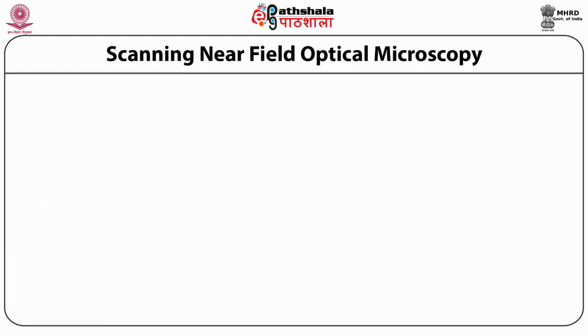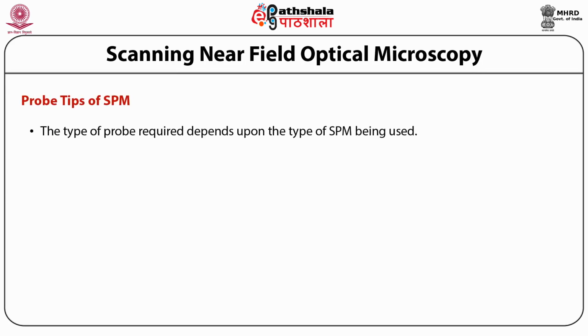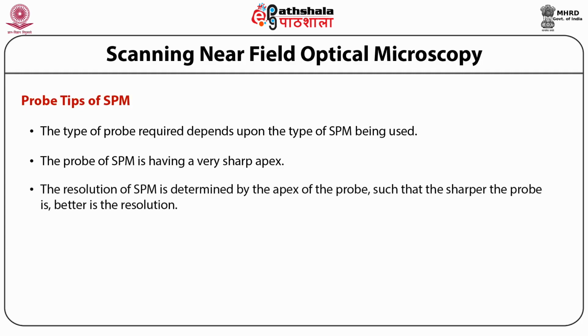The second component: now it is important to discuss the probe tips of SPM. The type of probe required depends upon the type of SPM which is being used. The probe of STM has a very sharp apex. The resolution of STM is determined by the apex of the probe, such that the sharper the probe, the better the resolution.